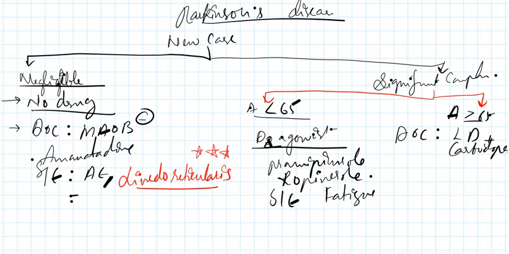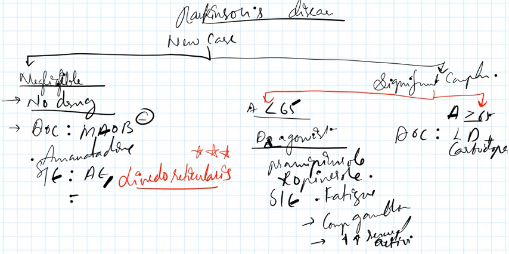But if you ask me some other things with fatigue, then you can say compulsive gambling, then you can say increased sexual activity. Now up to this we are okay.